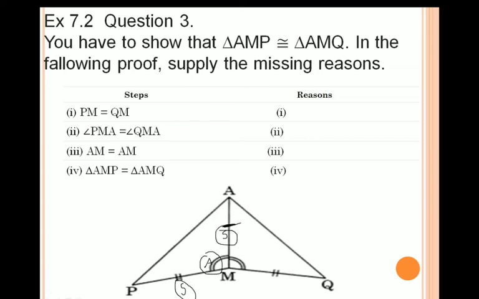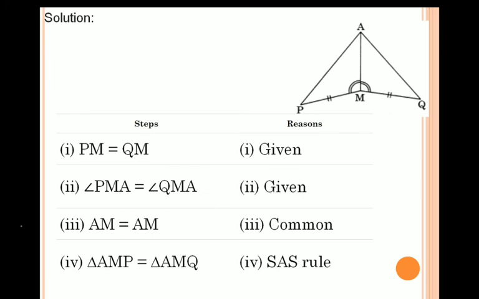So look here: PM equals QM, given; angle PMA equals angle QMA, given; AM equals AM, common; triangle AMP is congruent to triangle AMQ by the SAS rule. So like this, you have to solve this question in your notebook.